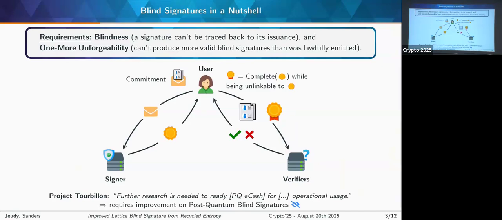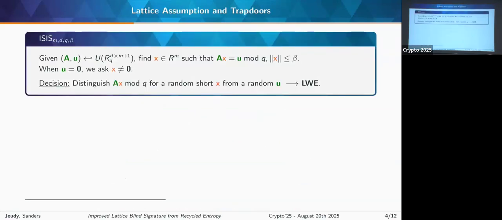Okay, so before I get into the details of our constructions, let me give a few background notions that we will need. First, our security relies on well-known lattice assumptions such as ISIS and LWE.